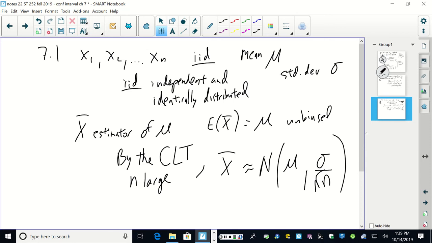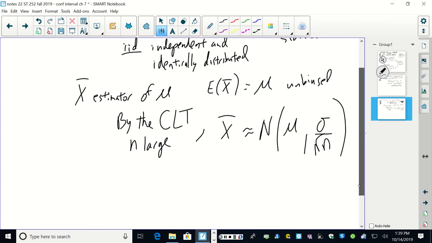Right. So based on this probability statement, we can say where we think x bar is going to be. Now we don't know the value of mu, but theoretically speaking, x bar should be close to mu. It could be mu plus or minus a couple standard deviations.